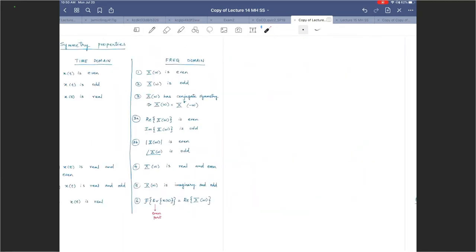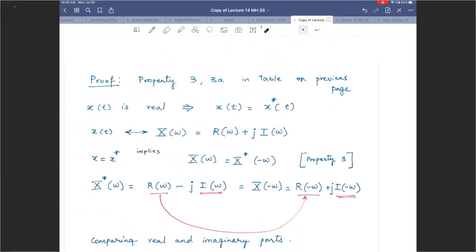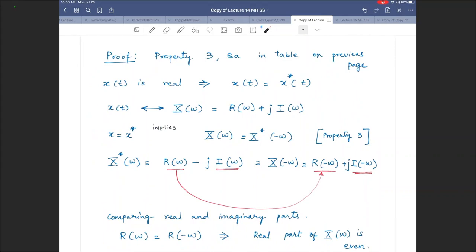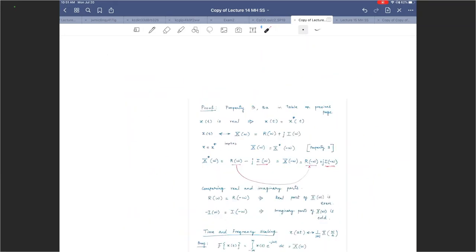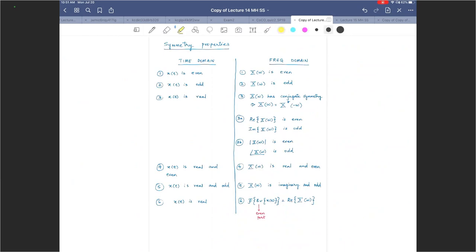Now let us try to prove one of the properties, which is property 3. If we start off with x of t is real, that's what we have for property 3a, right? Like right here, 3a is this. That's what we are trying to prove here.